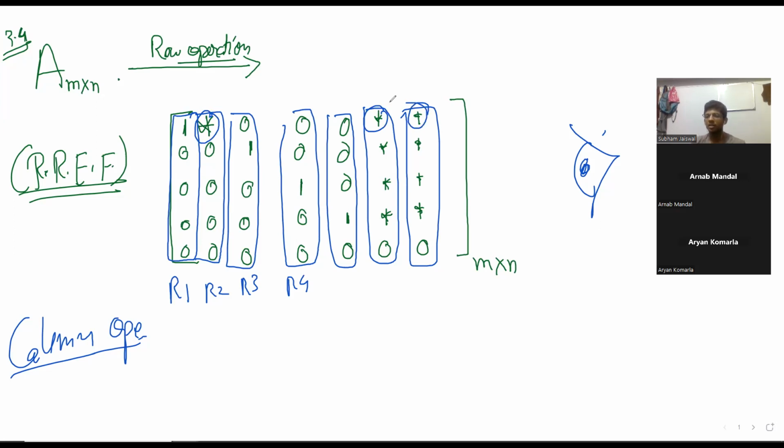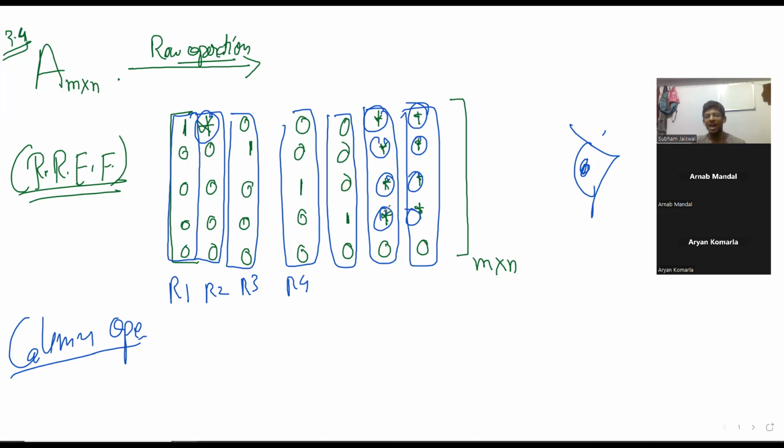Take that row and multiply it, similarly make this 0. So it only has ones.